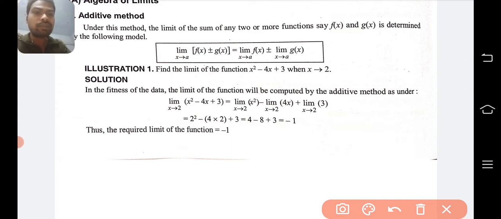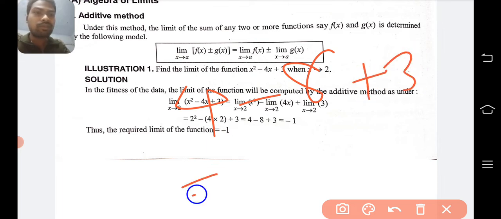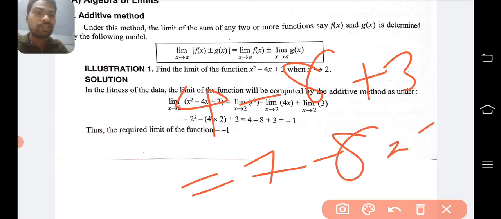So from this x square we get 2 square, which is 4, then minus 4 into 2, which is 8, plus 3. Then 4 plus 3 is 7, minus 8, this is equal to minus 1.